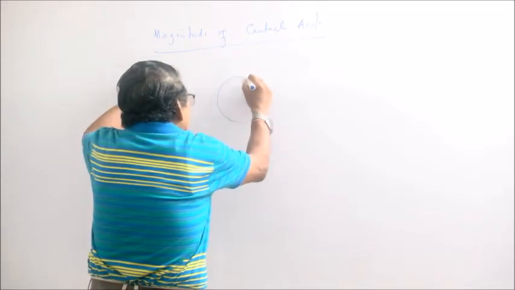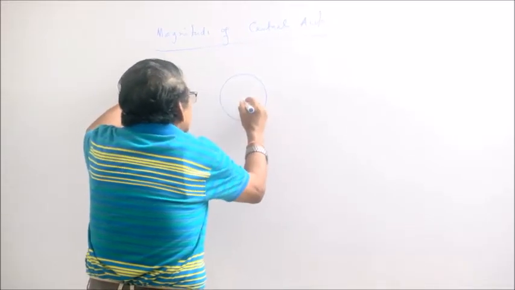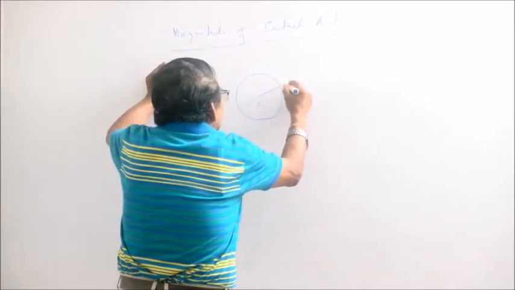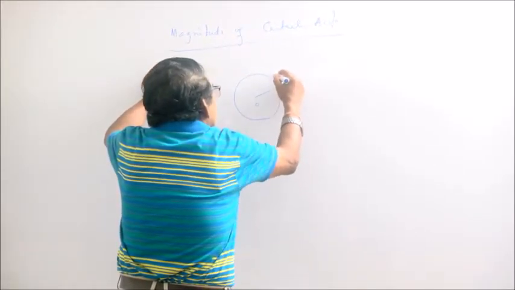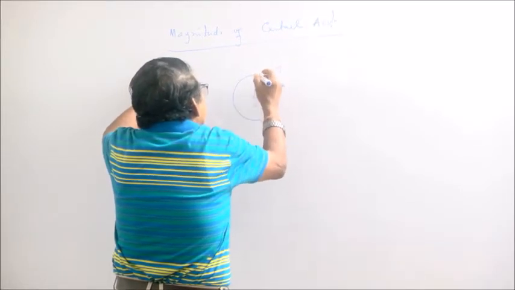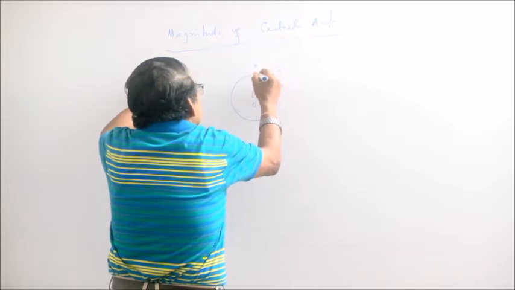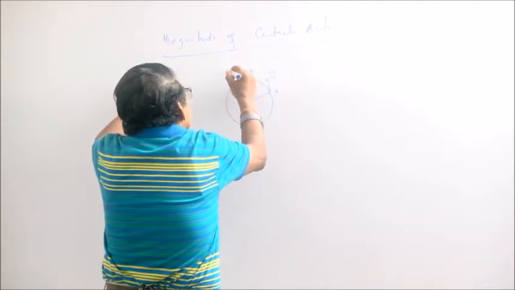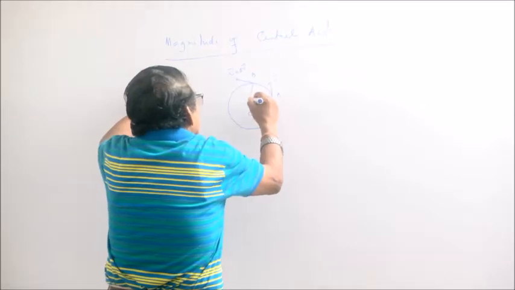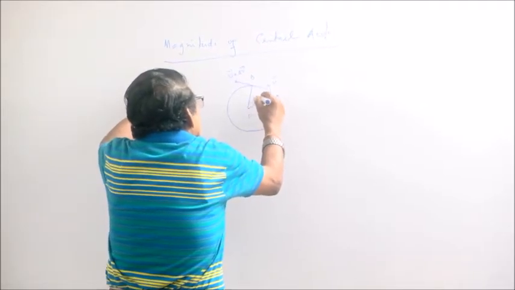So, let us take a circular path. The center of the circular path is O. At the point A, suppose the velocity is V. At the point B, suppose the velocity is V plus delta V. Angular displacement from A to B is delta theta.